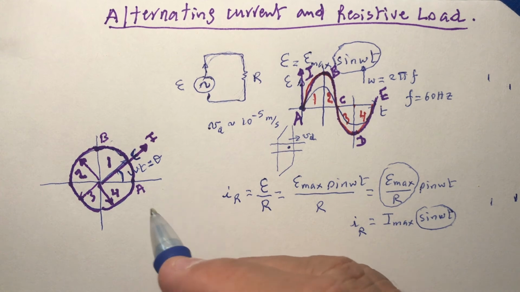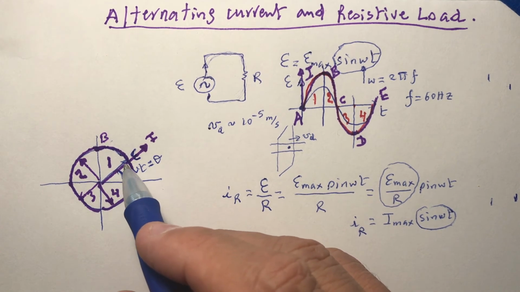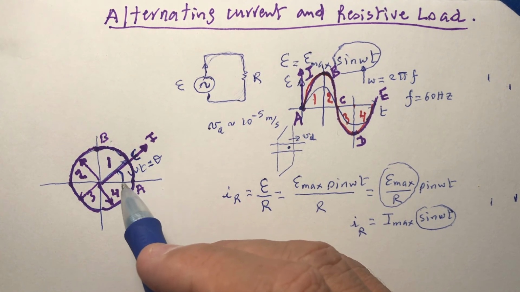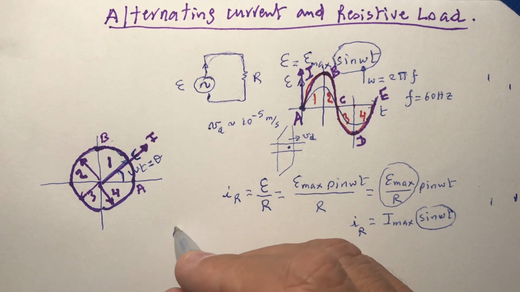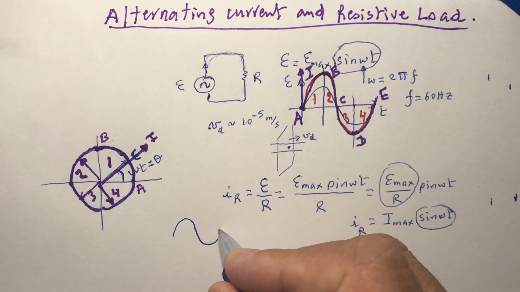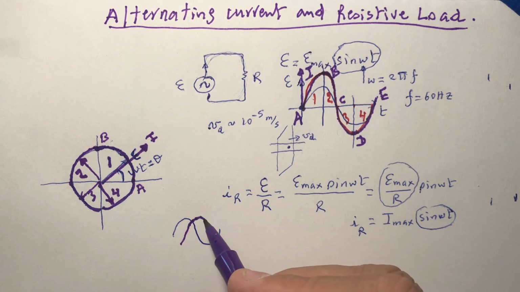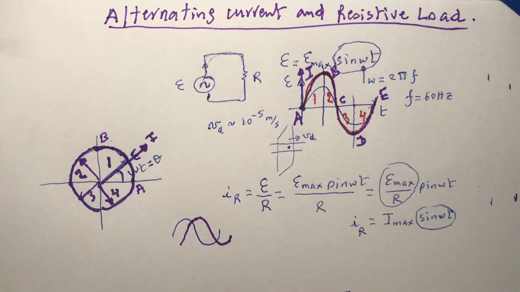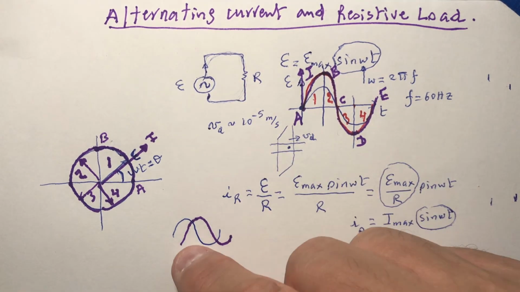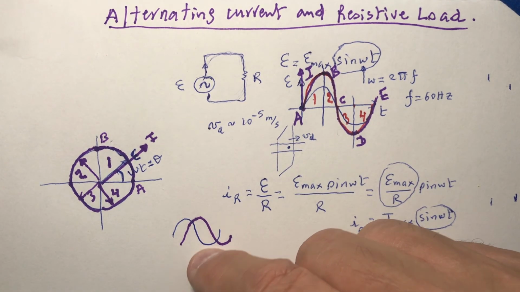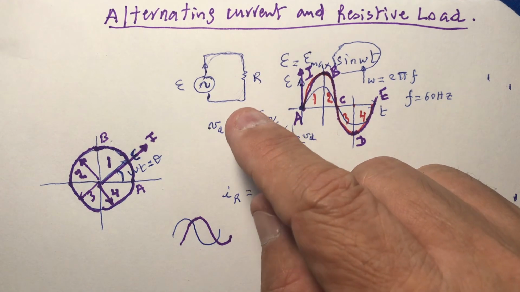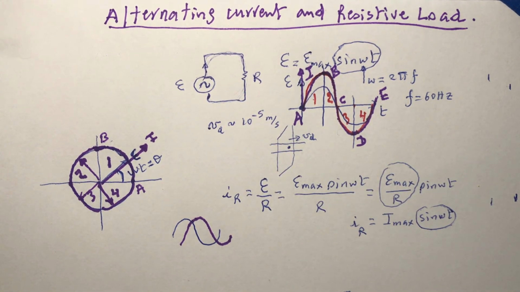If, for example, E was ahead of I or I ahead of E, the waves would look something like this. One will look like that, and the other one will look like this. But we don't have that case here. The resistor doesn't change the phase. The resistor doesn't interfere with the phase.